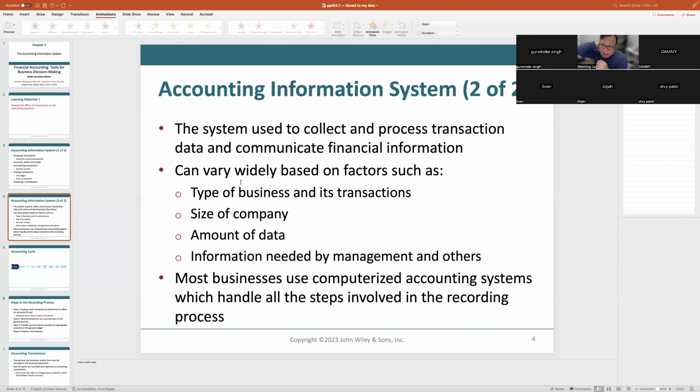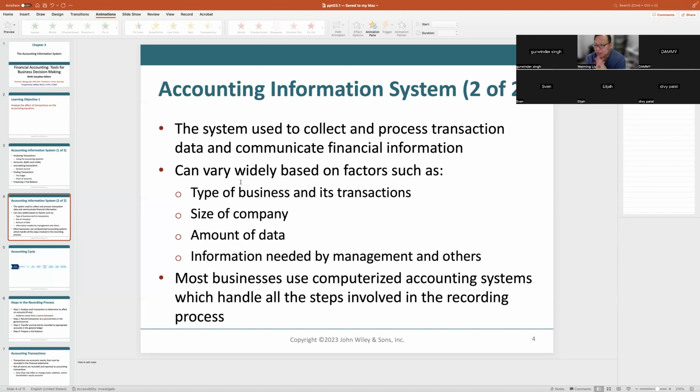So the reason why they are able to do it manually is because they do not have a large amount of data, right? They don't have that much traffic in the restaurant, not even comparable to McDonald's. Therefore, it's manageable for them to just use the most traditional basic way to record all this data, so just manually write down everything and punch on the calculator to figure out the amount, right?